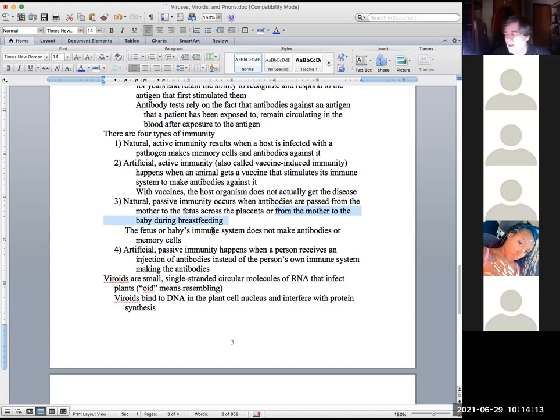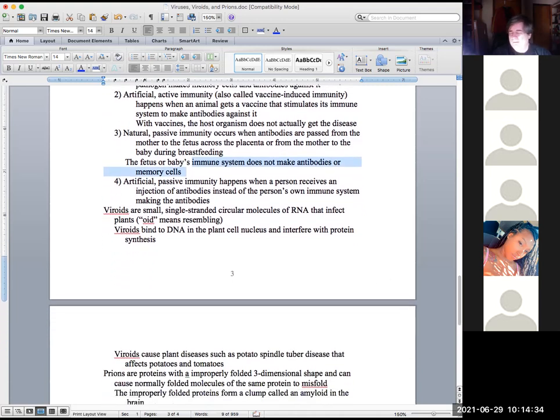Well, that depends on what antibodies the mother has in her blood. So the fetus or the baby is never exposed to the disease, so their immune system doesn't make antibodies or memory cells. So this protects them, but for a fetus, it only protects the fetus while it's attached to the placenta. For a baby, it only protects the baby while it's breastfeeding.